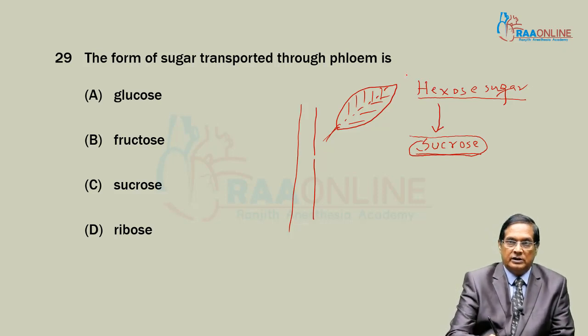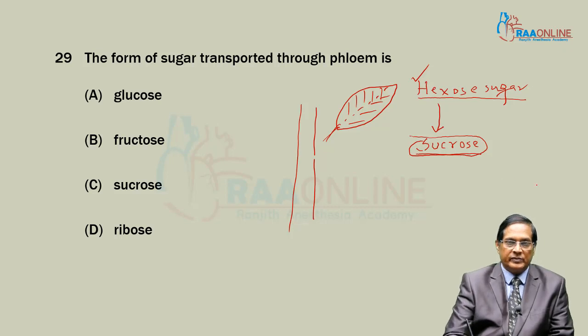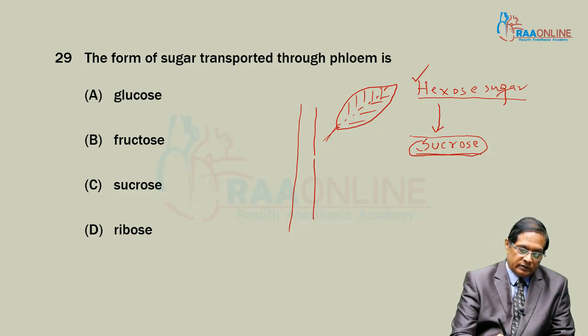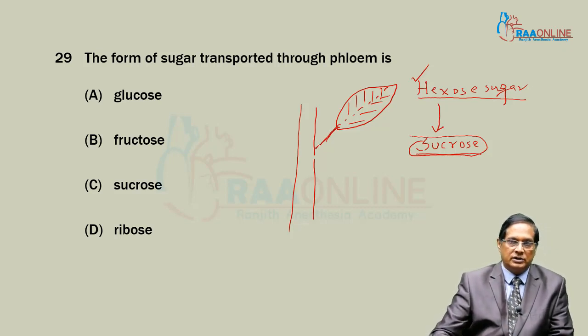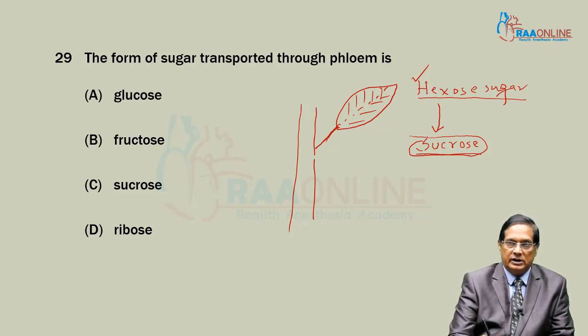Hexose sugar is the utilizable form of sugar. Sucrose, a disaccharide, is the translocable form of sugar. Starch is water insoluble, so it cannot be translocated. So in sugar translocation, leaves synthesize hexose sugar and that is converted into sucrose.